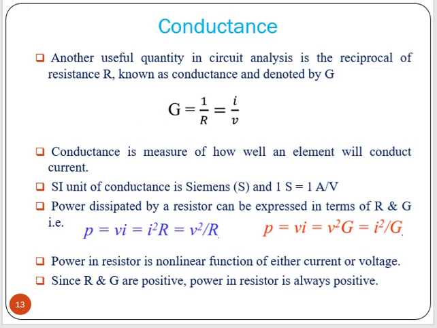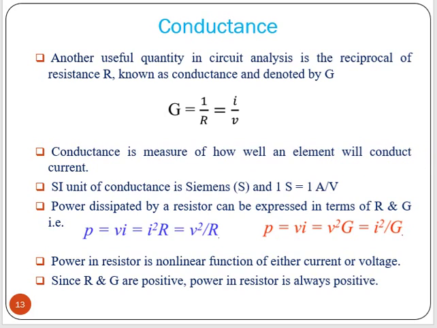Now, the next point is conductance. This is a useful quantity in circuit analysis. It is the reciprocal of resistance R, and is known as conductance. So G equals what? G equals 1 by R, or we can write I by V. Conductance is a measure of how well an element will conduct current.